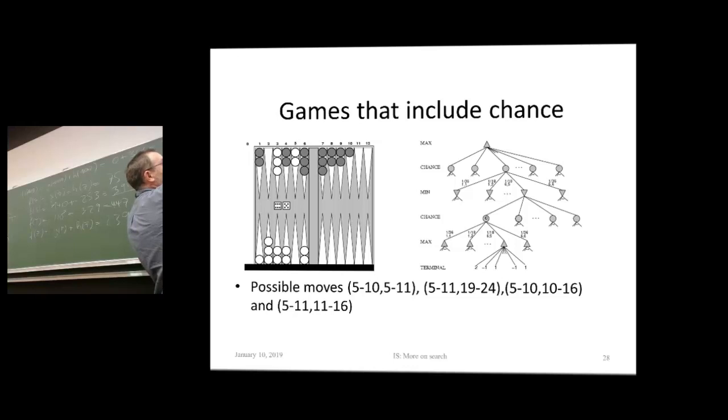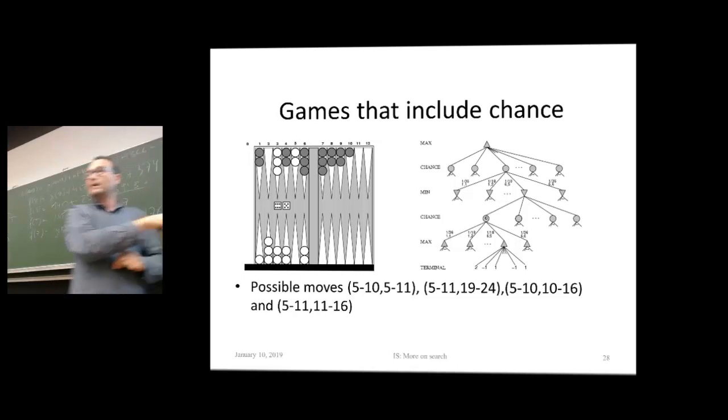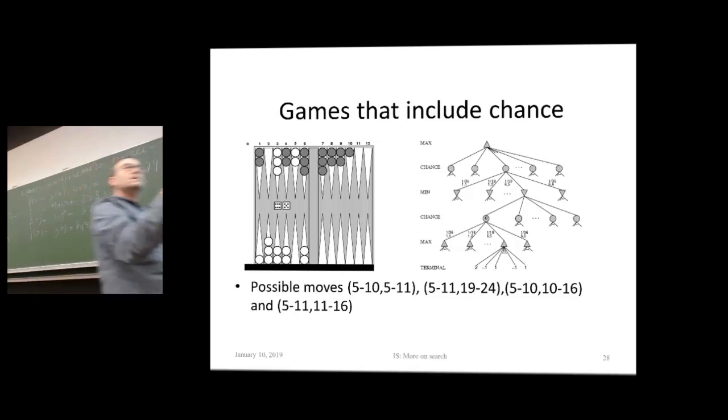So here is, for example, a 6 and a 5 dice, and you can move from position 5 as a white player in this direction with 1, 2, 3, 4, 5, 6. With this 6, you can move to the 11. I'm not sure why you can move to the 10. Oh, a single one you can take.